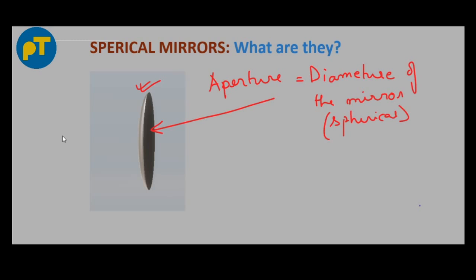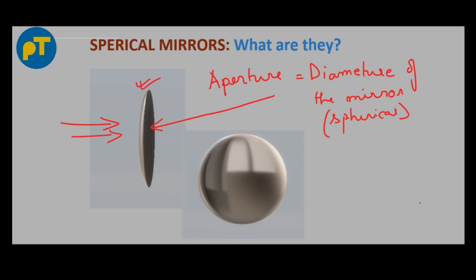If you view from this side, as we have seen earlier, the aperture can be seen like this, and the pole would be somewhere here. This example is for the convex mirror, and the same thing goes for the concave mirror as well. Thank you. We shall learn more about it in the coming videos. Thank you.